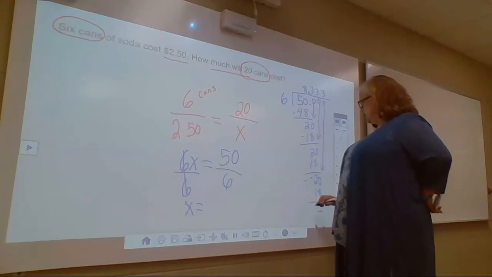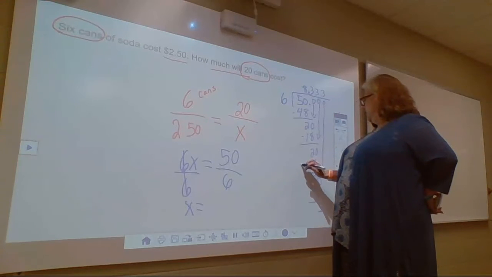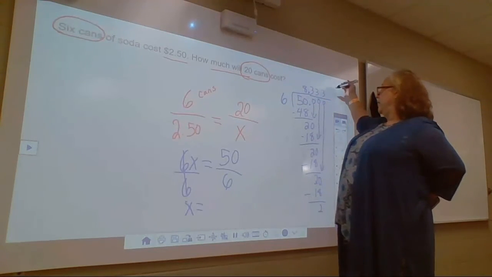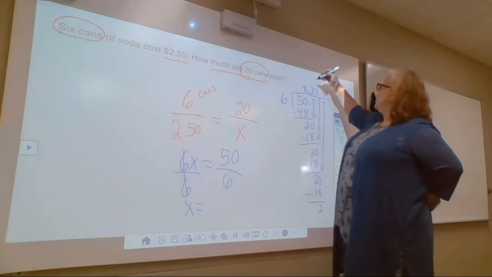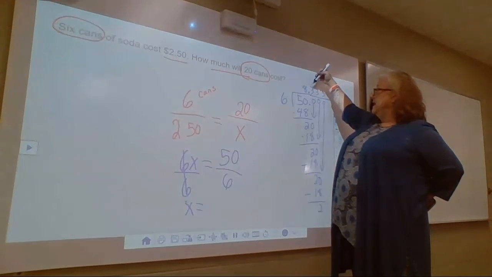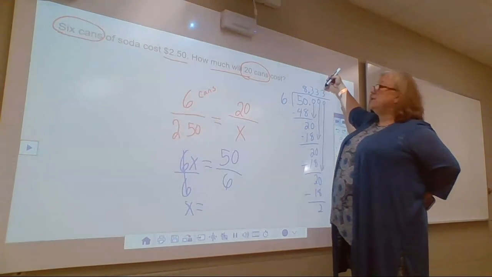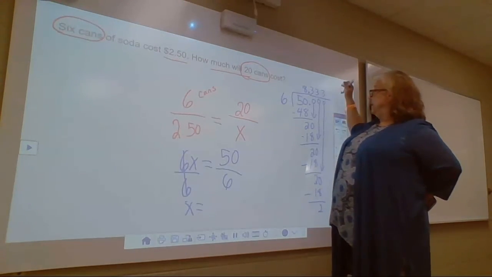Okay? We're going to stop here because I want to show you something. Because this would keep going on and on, and we're talking about money here, and money always has a tens place and a hundreds place. We need to look at our thousandths place to see if we need to round up or stay the same.